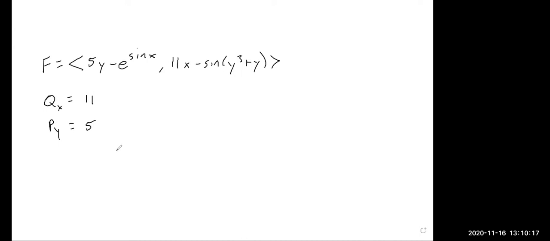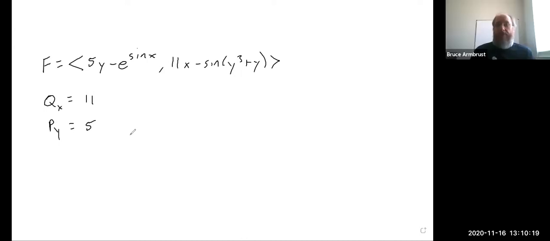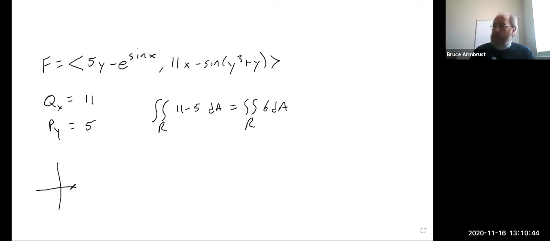Yeah, it'd be 0 because it's a conservative field. Okay, it's not conservative, but I can still, if I'm going to use Green's theorem, put those in here. So I'll get my 11 minus 5 dA. So really, I'm just looking at the double integral of 6 dA. And this region, we were told that we were centered at (4, -5) and had a radius of 5. So there's our region R.